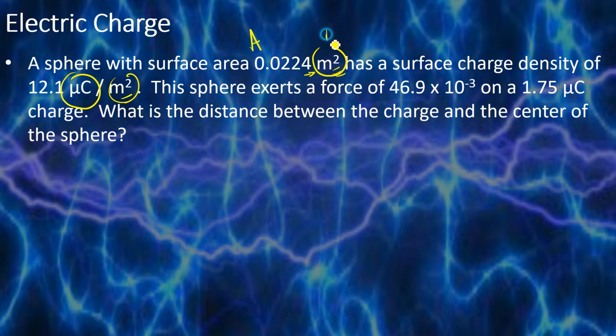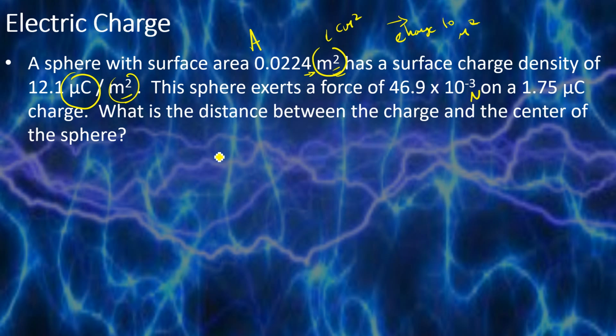If one of them, say this was centimeters squared, then I would need to change to meters squared. Okay, anyways, so the sphere exerts a force on, that should be newtons, on this particle. What is the distance between the charge and the center of the sphere?